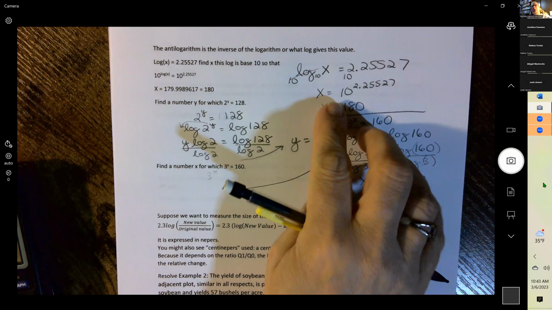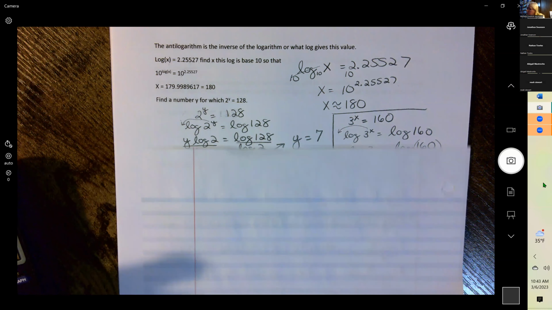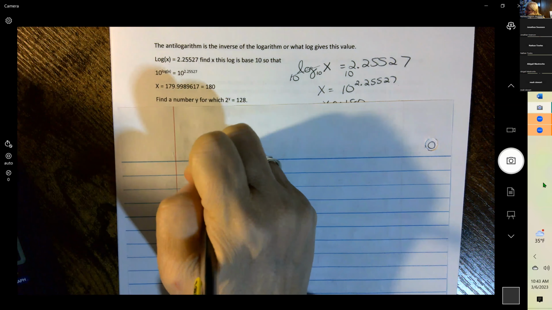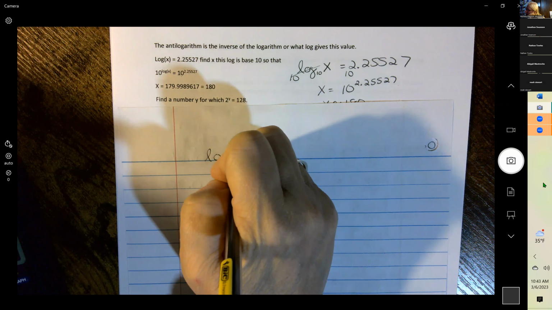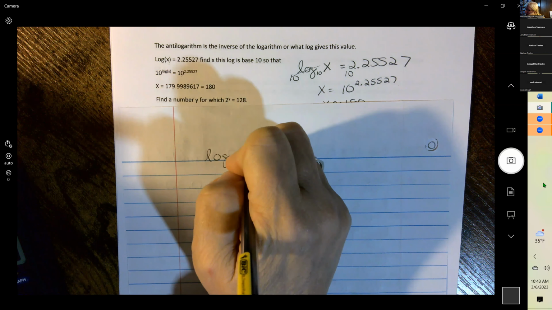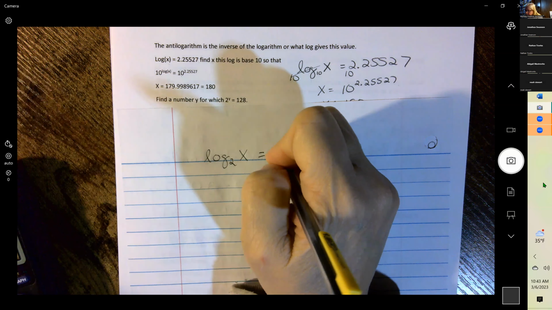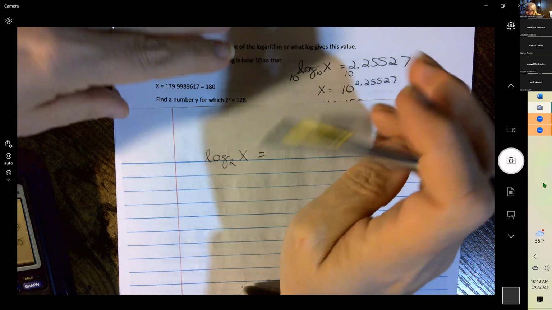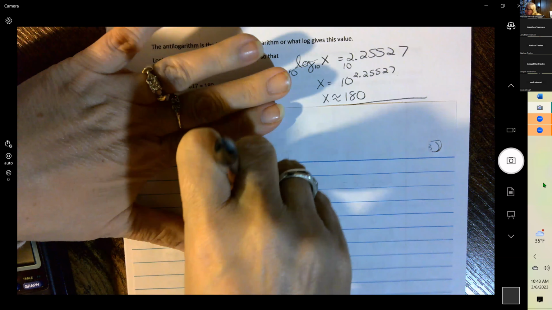Let's try the log one again, I mean, another one. We'll do one of each.